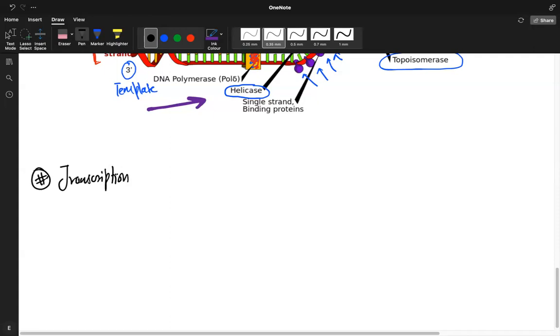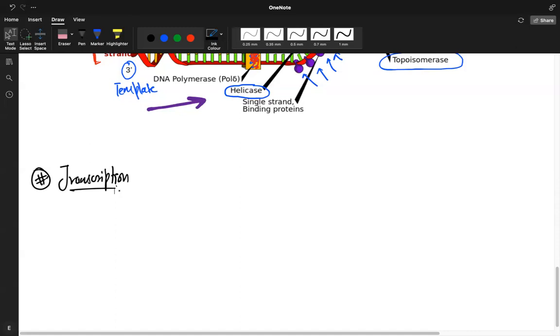Now, one thing you will be good at now, without telling you anything: if I ask you, can you tell me which enzyme is responsible for transcription? Pay attention to what you are making, from what you are making it, and what the process is. So can anyone tell me the name of the enzyme that does transcription?